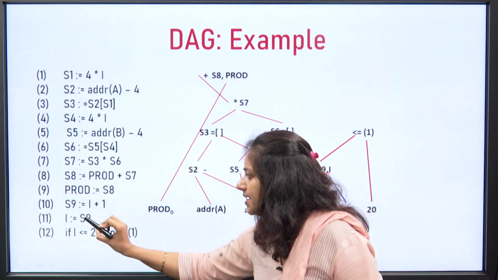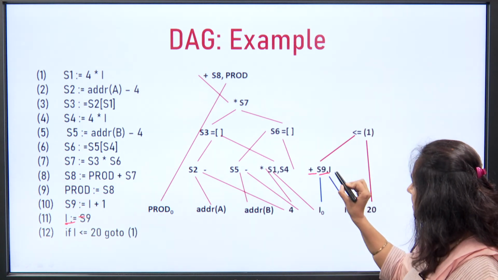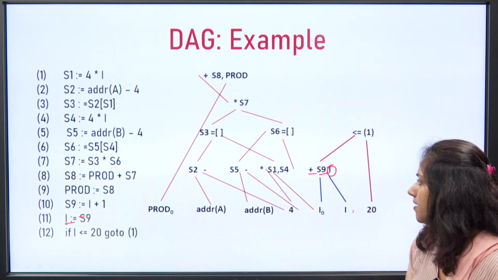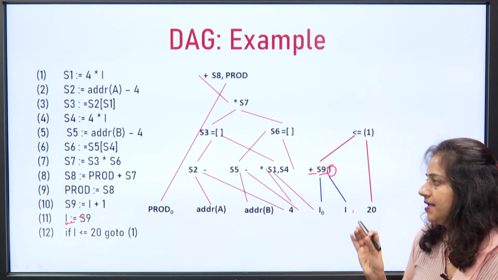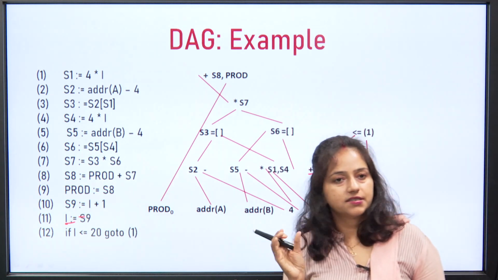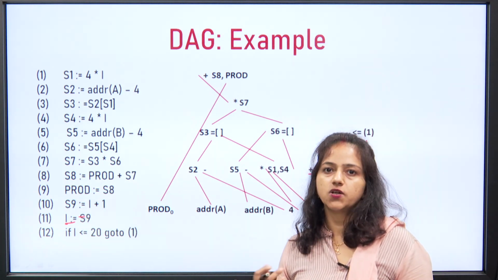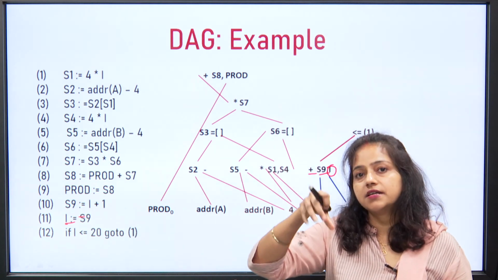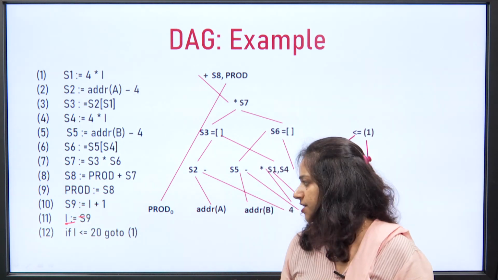Now, this S9 is assigned to i. So, again we can create a label over here, we can simply write i. In that way we are finding the common sub-expressions, and we are using the result directly from the interior node rather than recomputing the sub-expressions.